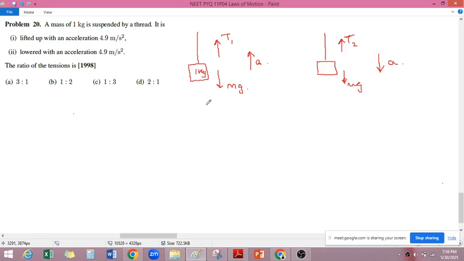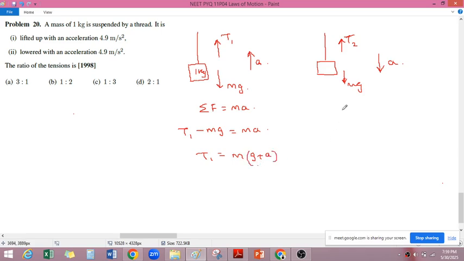That means again the same old concept, sigma F is equal to ma. So T1 minus mg is equal to ma. So T1 is equal to, always this will come on this side, so it will become added up, meaning the tension will be higher when it is pulled upwards. It will become m(g plus a).